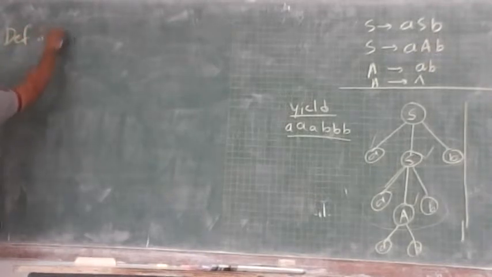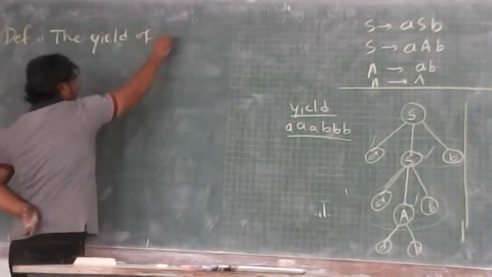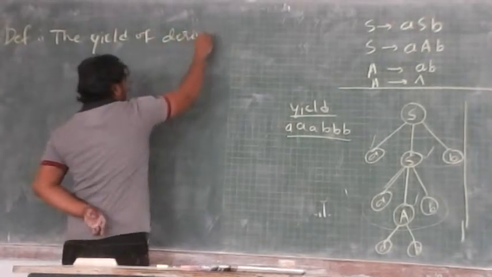Okay? The definition is the yield of a derivation tree.